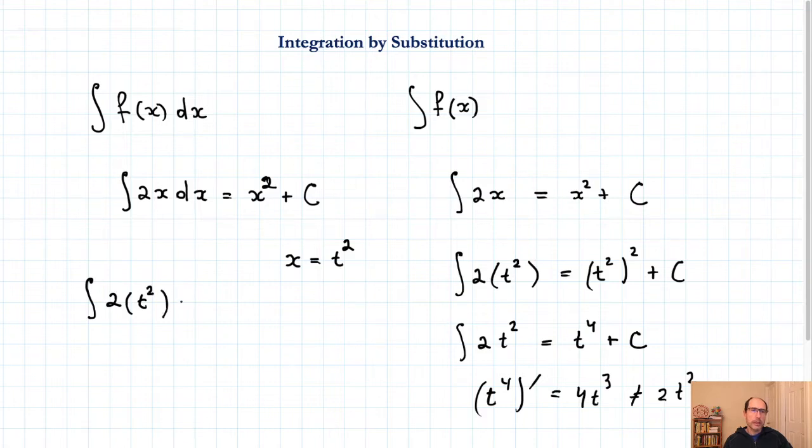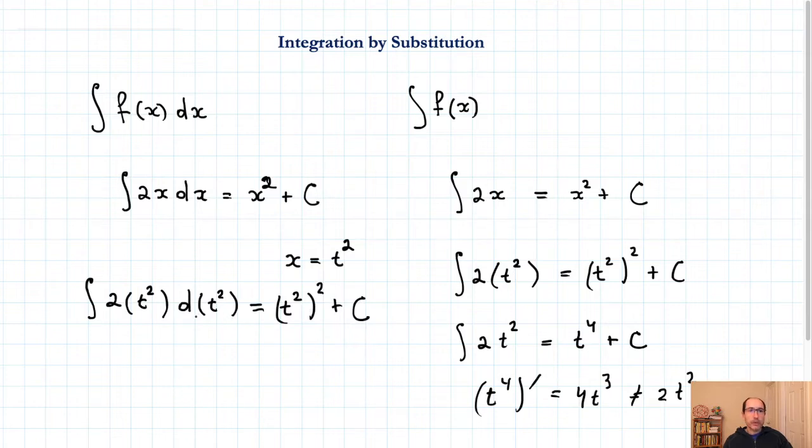But since the integral includes that term dx, we also need to include d of t squared. And really this is a multiplication. So after the integral sign, we have 2 times t squared times d of t squared. On the right hand side we'll have t squared squared plus c.